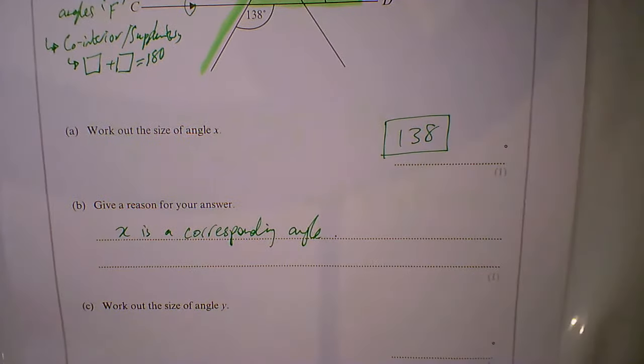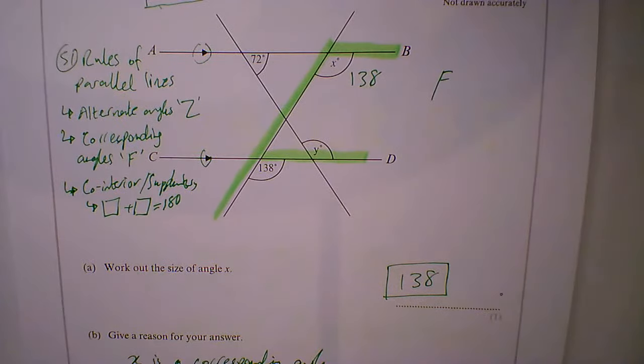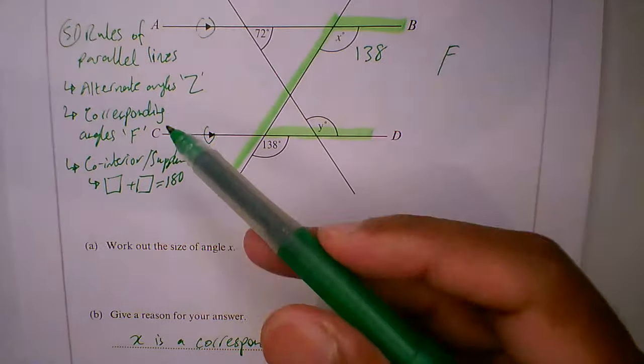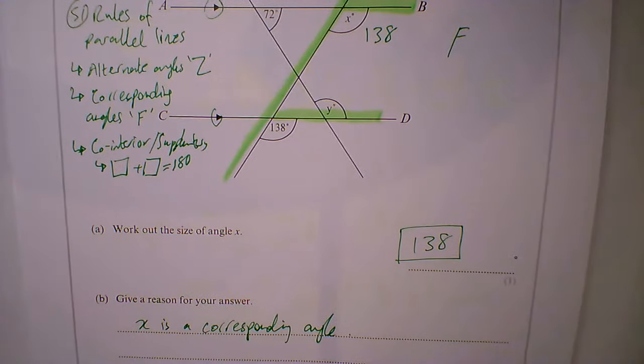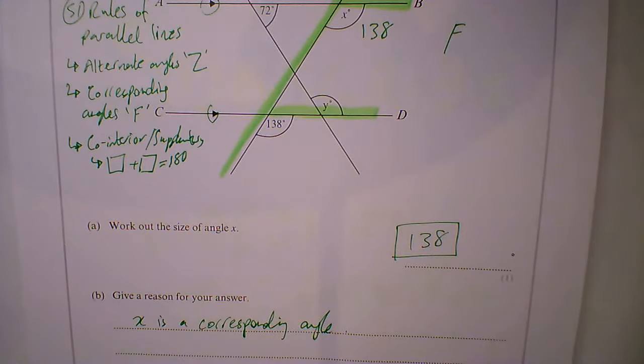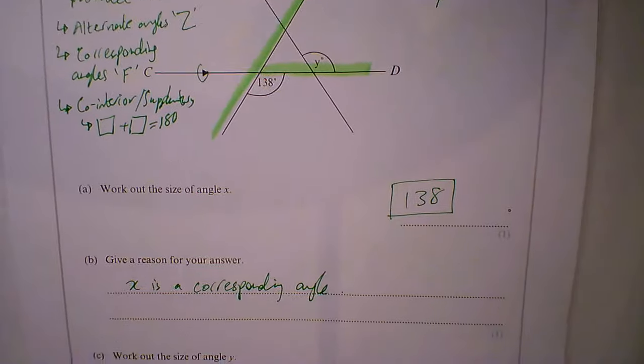Part C, it tells us work out the size of angle Y. So again, we have to use our rules to find out what Y is. I'll give you a few moments to work that out. Okay, so let's look at this.